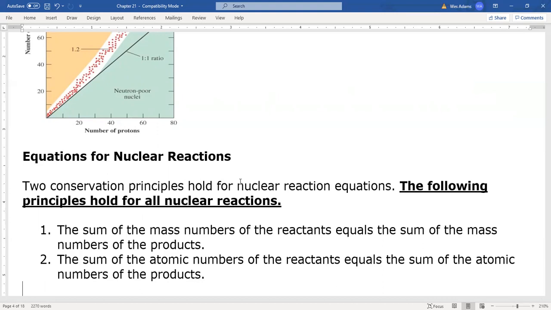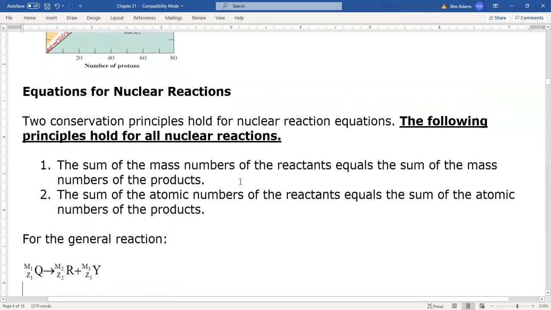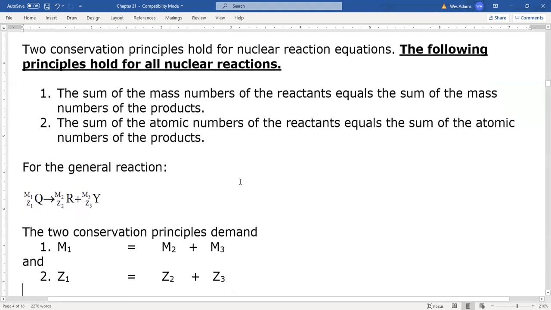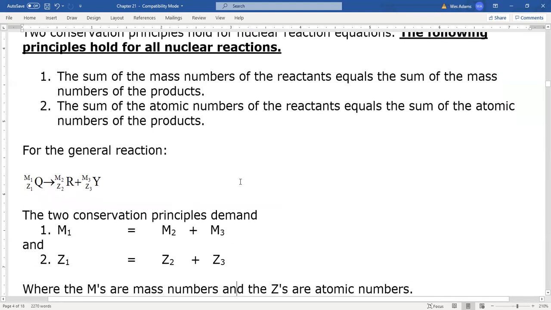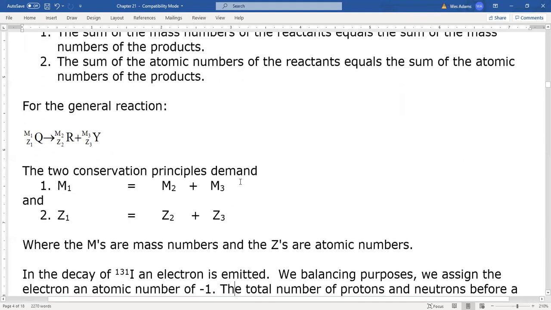For balancing purposes, we'll give an electron a balancing number for the atomic number of -1. So if that Q decays to form R and Y, then M1 has to equal M2 plus M3. And then the bottom number, Z1 has to equal Z2 plus Z3, where M's are the mass numbers and the Z's are the atomic numbers.